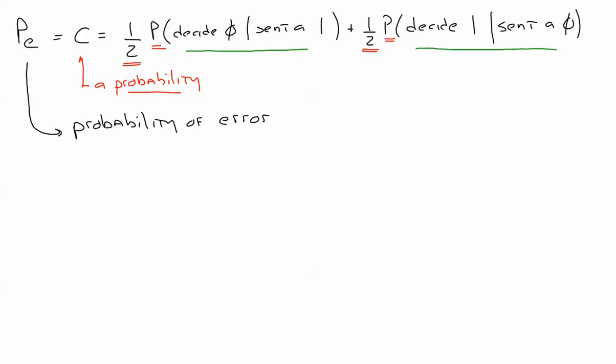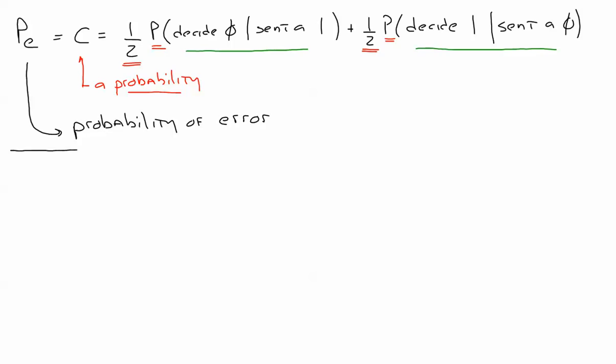It's the average probability of error. Probability that I'm going to make a mistake at the receiver. The aggregate likelihood that whatever the bit stream actually is, I make a mistake. Call a 1 a 0 sometimes, call a 0 a 1 sometimes. Okay?